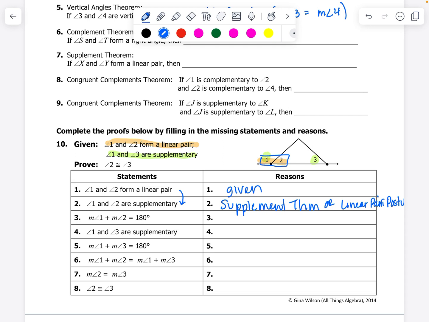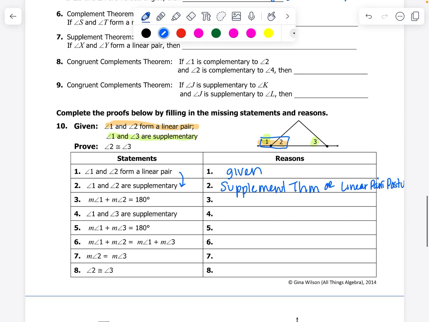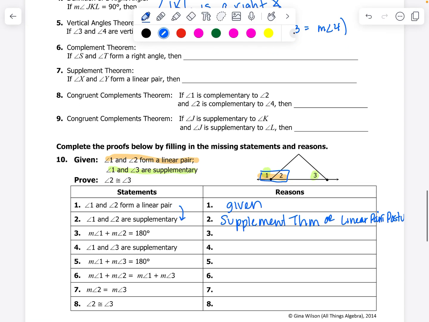What do I know about supplementary now? I know supplementary angles. Okay, well, I think my pen died. So I'm not restarting this, so you guys got to hang with me here, okay?